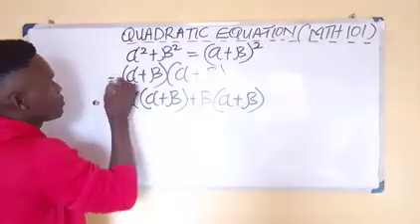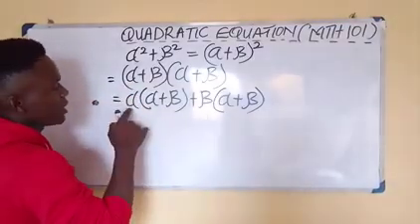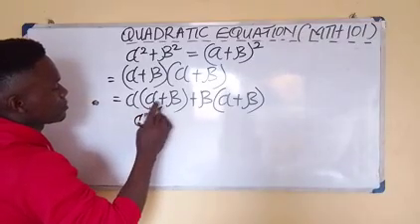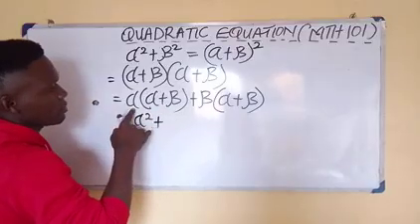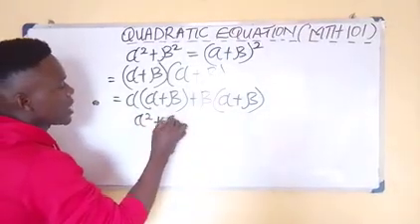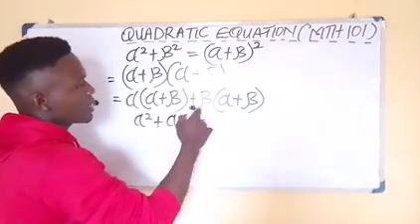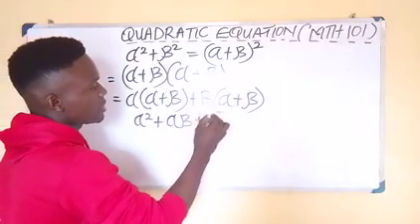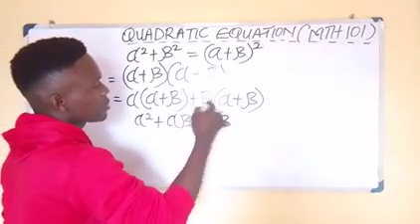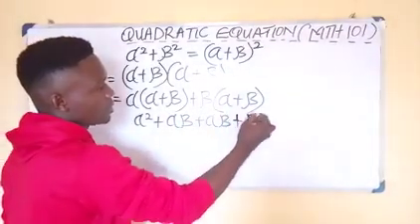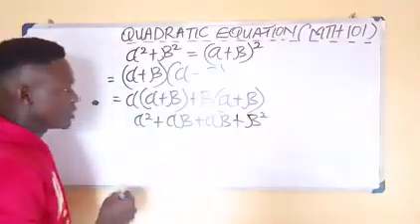So if I open the bracket, I'll say alpha times alpha is alpha squared. Then plus alpha times beta is alpha beta. Then plus beta times alpha is alpha beta. Plus times plus is plus. Then beta times beta is beta squared.